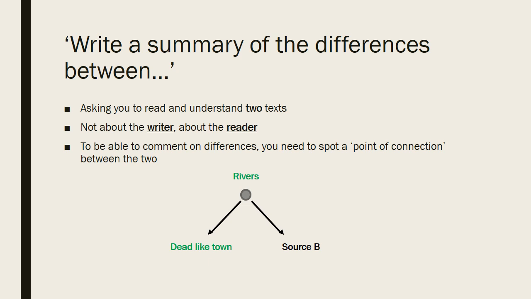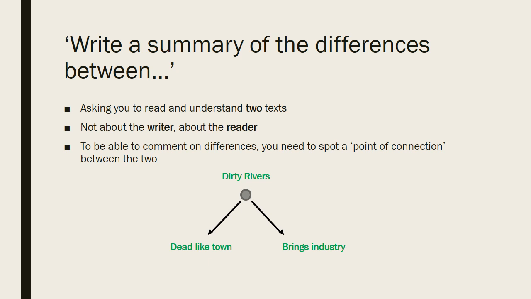But in London, the river, of course, the River Thames, it's still dirty and horrible, but it brings industry. There are all these warehouses alongside it that we read about, and that obviously means that they're part of the life of the city, even though it's dirty. So again, look at that. The point of connection between the two texts, they both talk about the fact that the places have rivers.